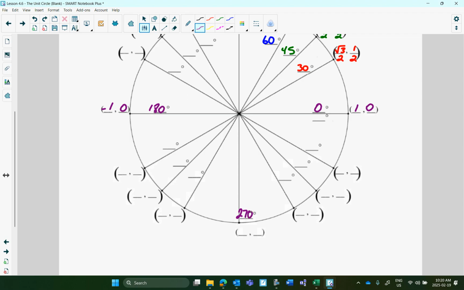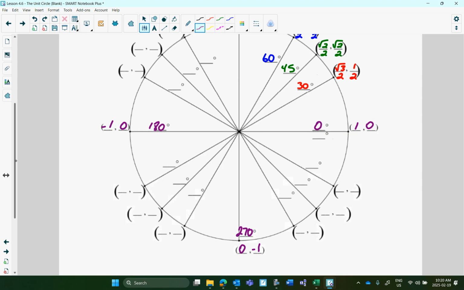What's that point? 0, negative 1. Remember, we always start these angle measurements from here, right? So 0 degrees goes from here to here, 90 goes from here to here, 180 goes from here to here, like that, etc.